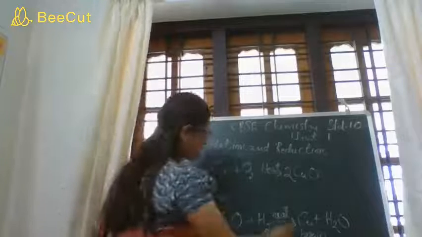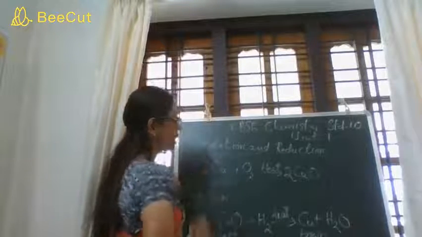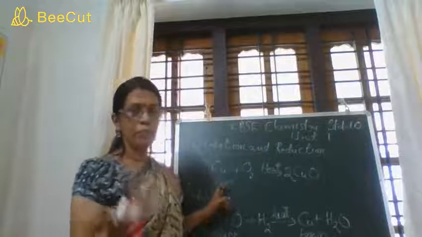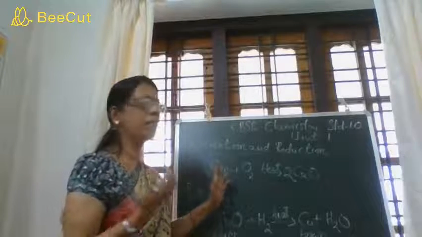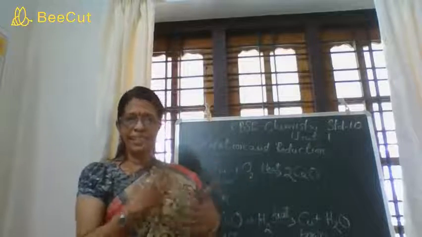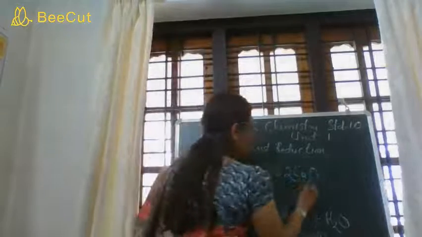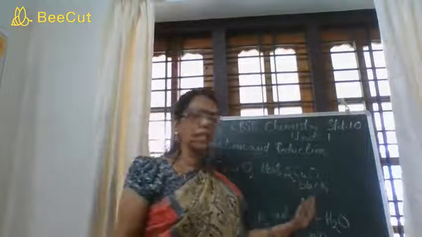That is the reaction. Here also we can see that reddish brown copper is a metal, and when it is heated with oxygen, it gradually changes its color into black copper oxide. Therefore, the copper oxide, cupric oxide, its color is black.